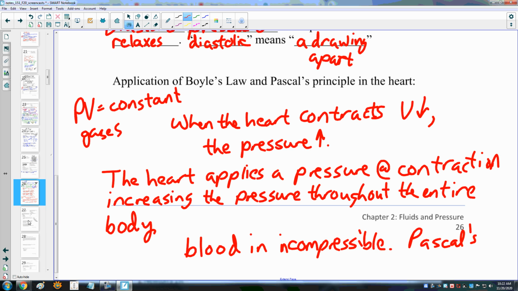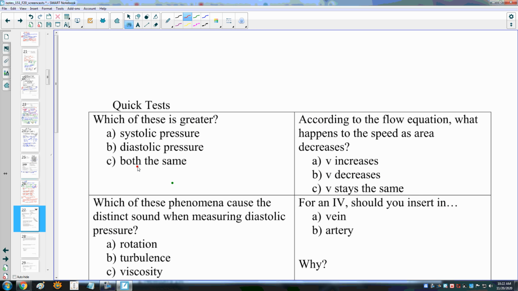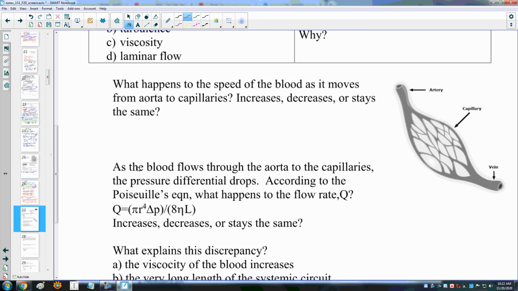As blood moves from the aorta to the capillaries, we've already talked about how the aorta is about this big. You can fit your pinky inside of your aorta, but the capillaries are really, really small. So if we're looking at our continuity equation, the cross-sectional area times the velocity of the blood flow has to remain a constant value.